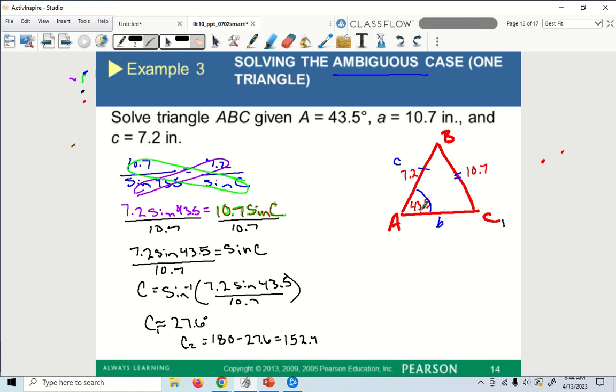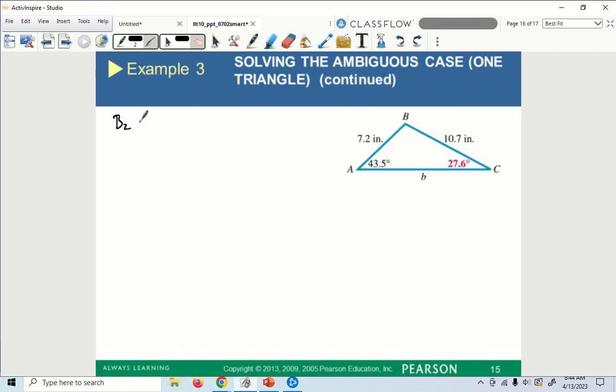A is going to be 43.5. So I do 180 minus 43.5 minus my other one, which was 152.4. Okay.